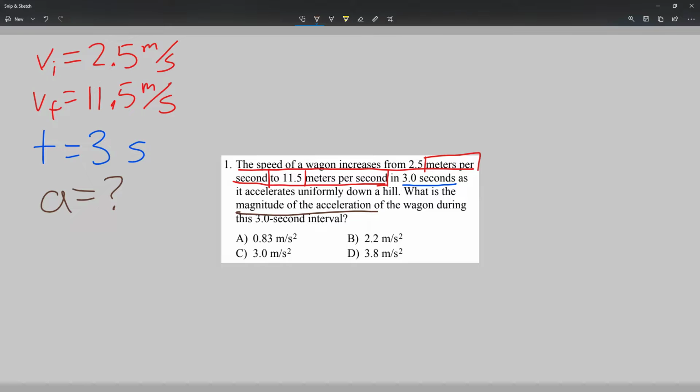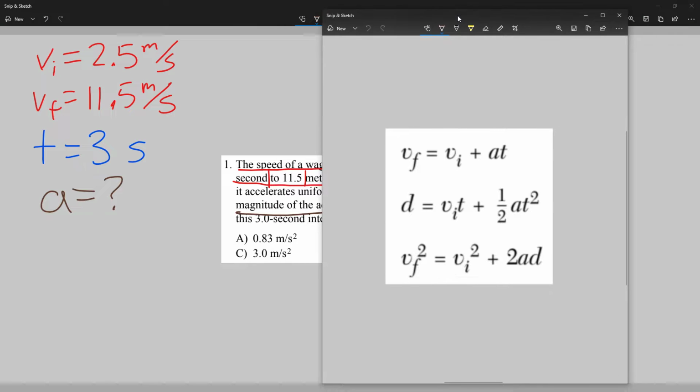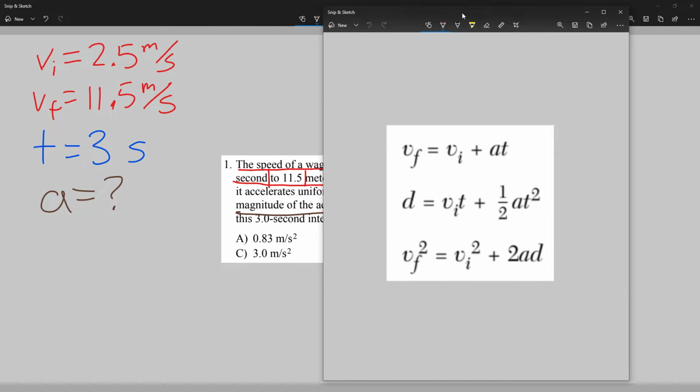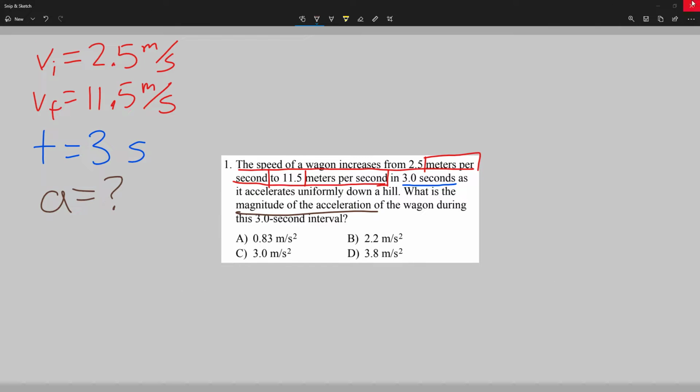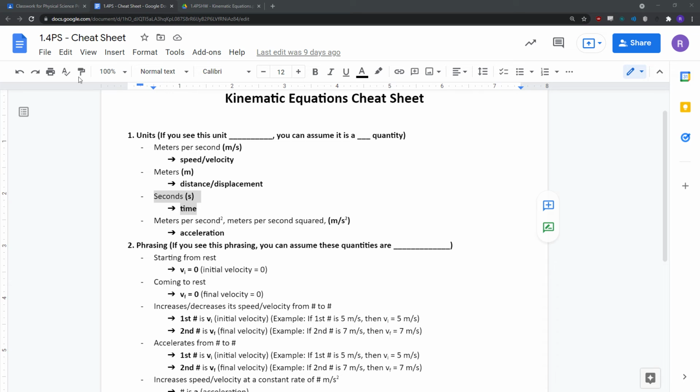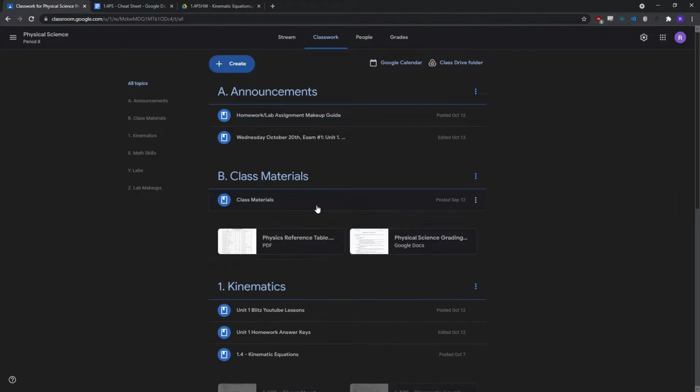Now we need to pick a formula, which has all our knowns and what we want to solve for. Let's go through these 3 formulas. You can find these formulas in your reference table.